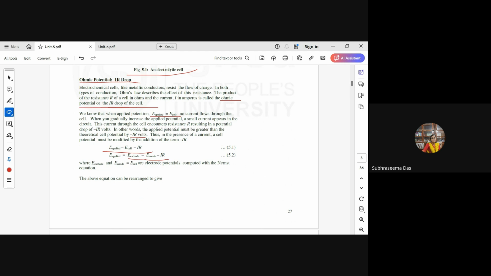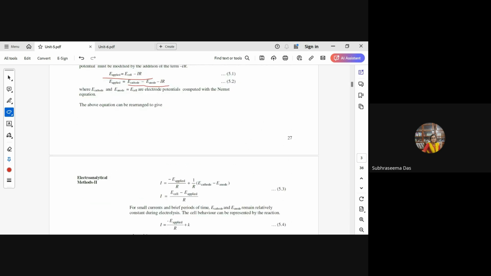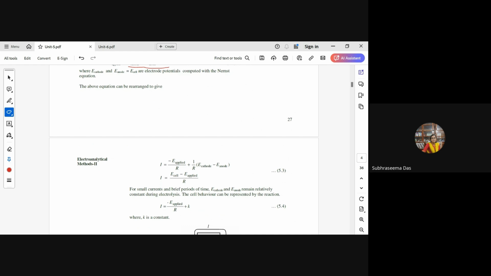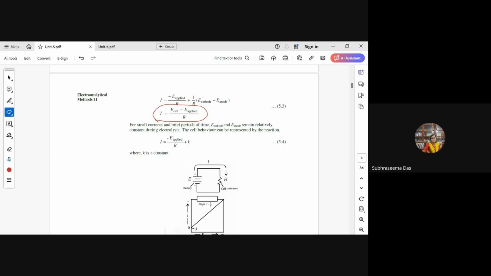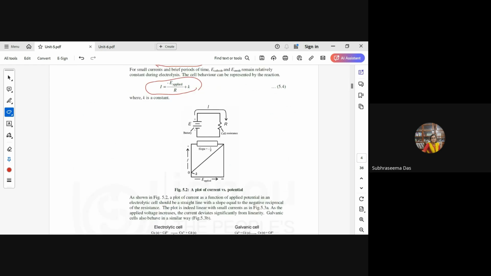If we further arrange this equation in terms of the Nernst equation, then we can find that I is equal to minus E applied by R plus 1 by R times E cathode minus E anode, and overall we can write it as I is equal to E cell minus E applied by R. Further simplifying, the cell behavior can be written as I is equal to minus E applied by R plus K, where K is a small constant.